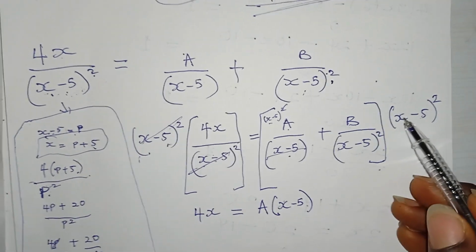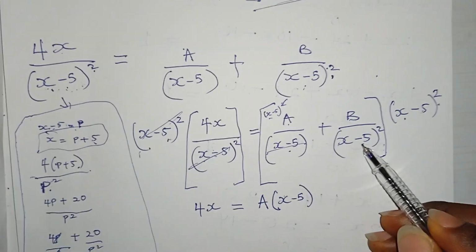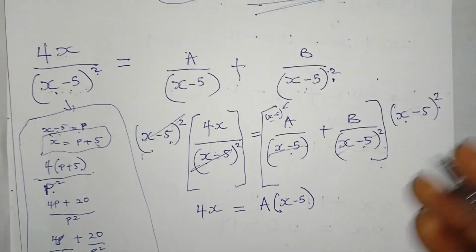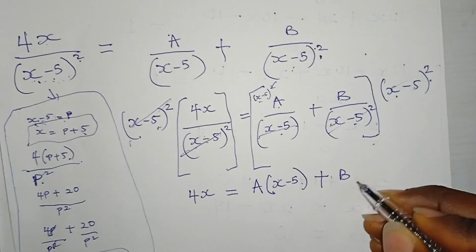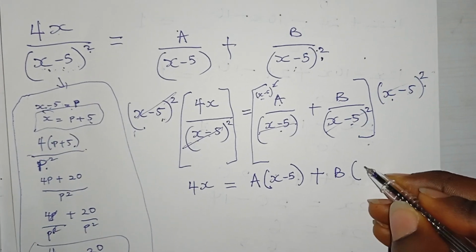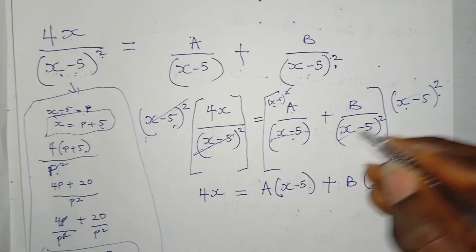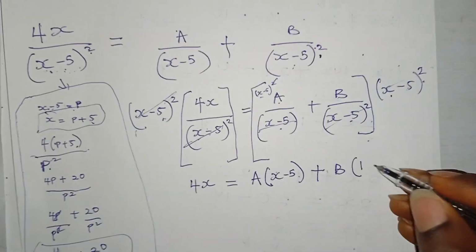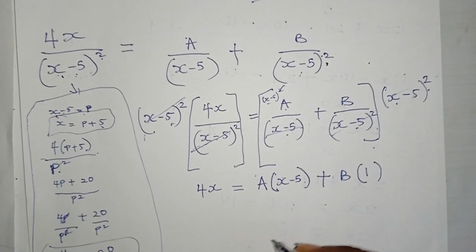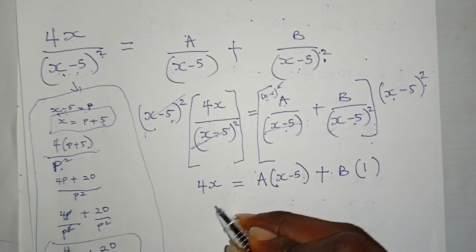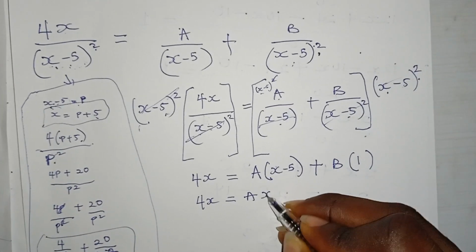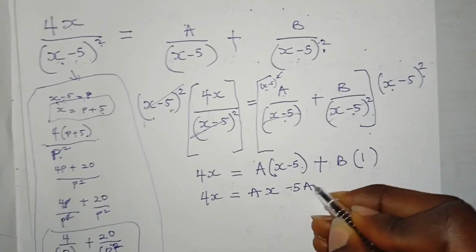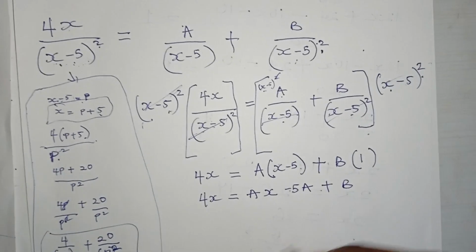So this particular one is the same thing with what we have here, so this and this will cancel, so that you are left with plus b into 1, because when this and this cancel, it's just 1, so that means you just have b. So this is the same thing as 4x equals ax minus 5a plus b.